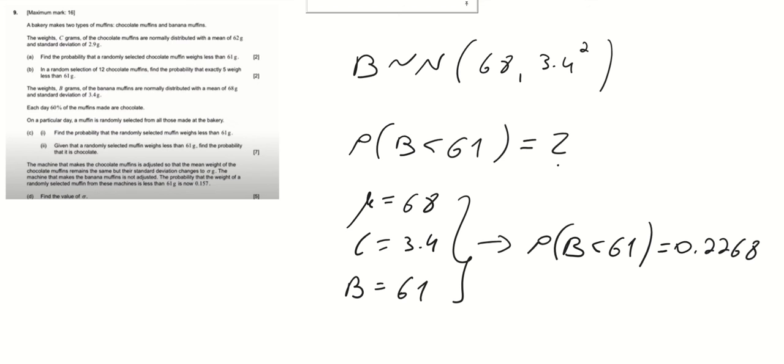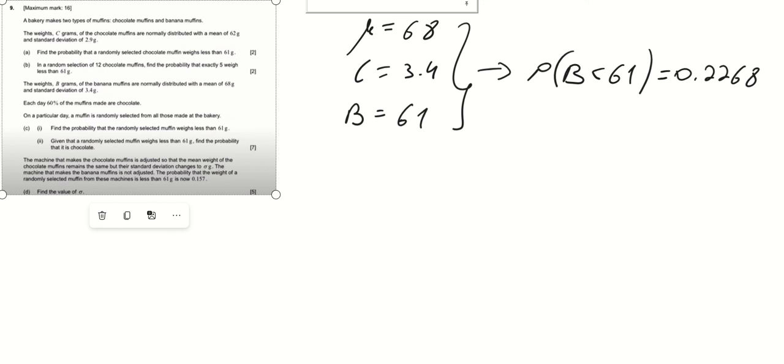But this is not the end, because 40% of the muffins are chocolate and 60% are banana. So we want to calculate the probability that a muffin weighs less than 61.